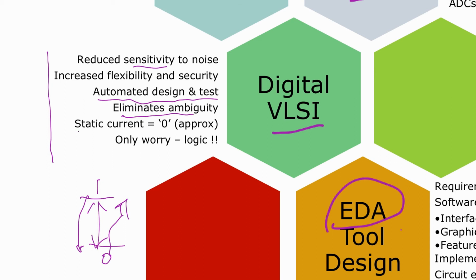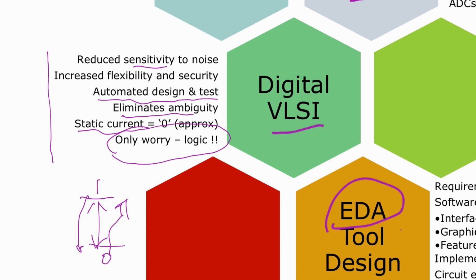And as explained earlier, digital design works only in saturation, and it does not work in the active regions. Because of this, your static current is approximately 0. And the biggest advantage is that we only worry about logic. We are not much bothered about parameters inside.